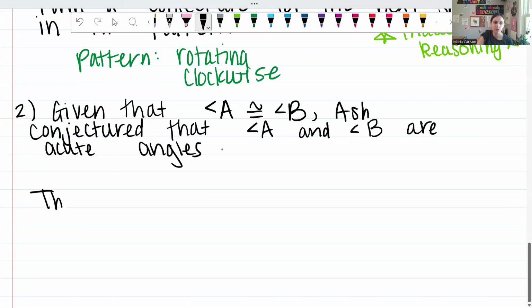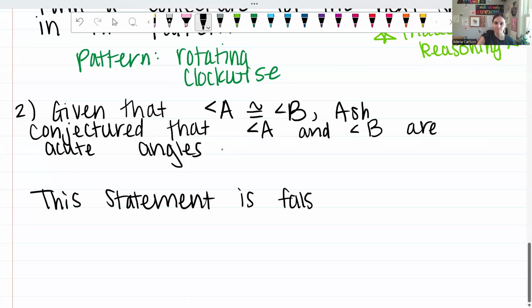This statement is false. Sorry, Ash. Find a counterexample. So let's disprove Ash by finding a counterexample to this conjecture.